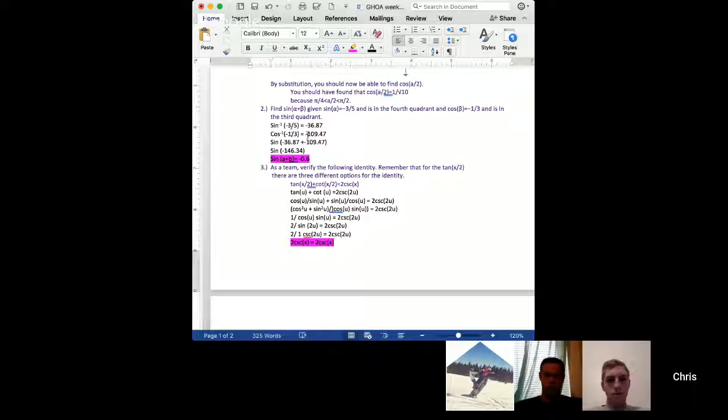Cosine inverse of -1/3 equals a positive 109.47, but we know that it's cosine, which is the x value, and it's in the third quadrant, so it has to be negative. So I added those together, put that, and then that's what I got. So that makes sense, I guess.